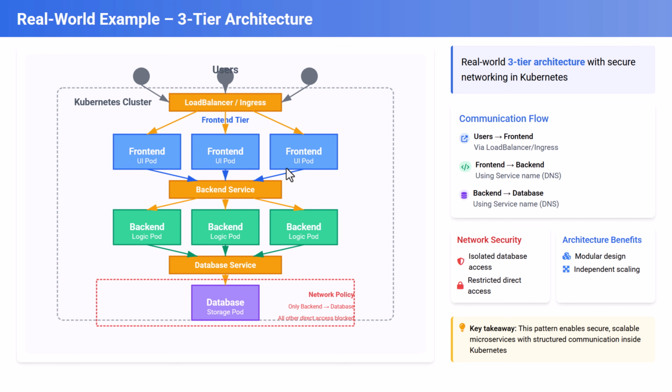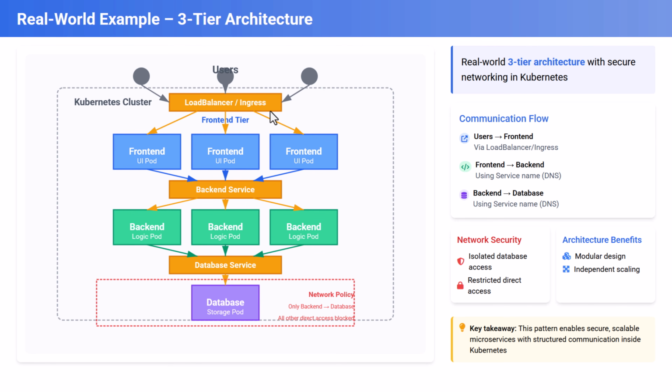Here is how the networking flow works. The front-end pod talks to the backend using its service name, which resolves to the cluster IP. The backend pod connects to the database using a service name like db-service and the user hits the front-end using the load balancer or an ingress. Network policies help secure this communication. Only the backend is allowed to talk to the database.